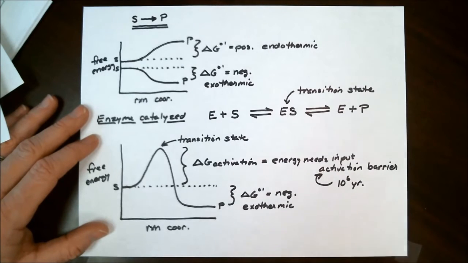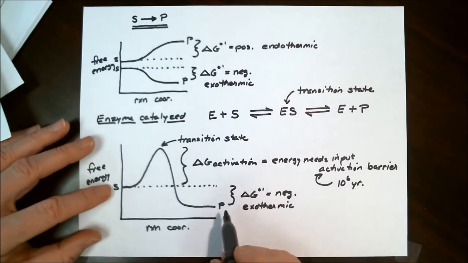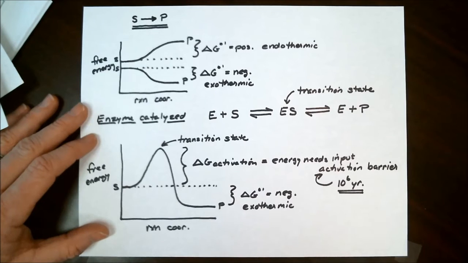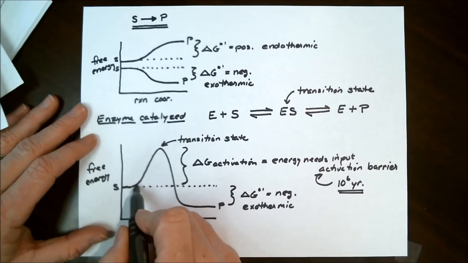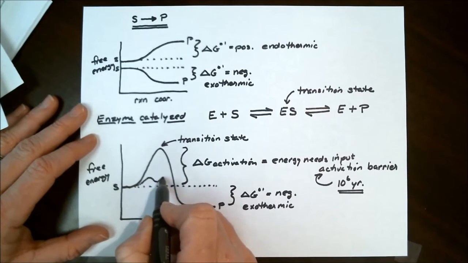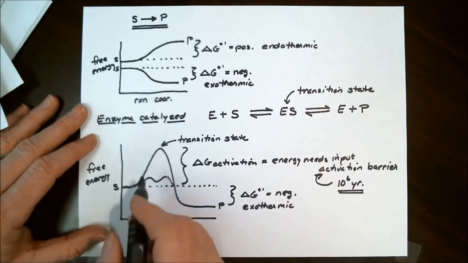Chemically, it will move forward because of the negative delta G, the free energy change between substrate and product. Of course, we do not have 10 to the 6 years to wait for this, so this is where enzymes come in and make this reaction essentially go faster. They are going to catalyze this reaction. And in doing so, what enzymes will do is they essentially reduce the activation energy needed to make the reaction go forward.